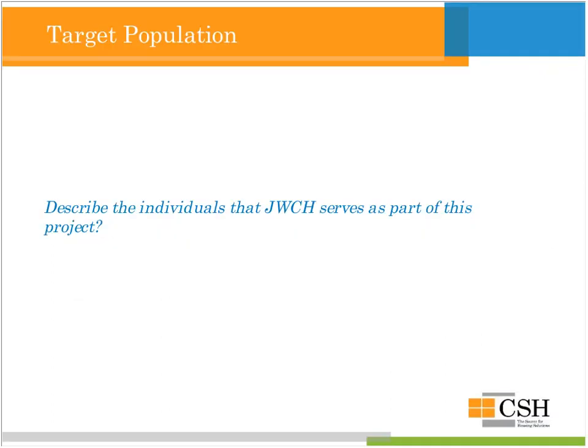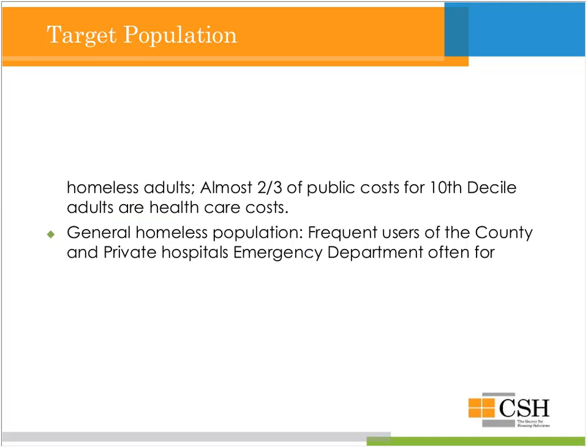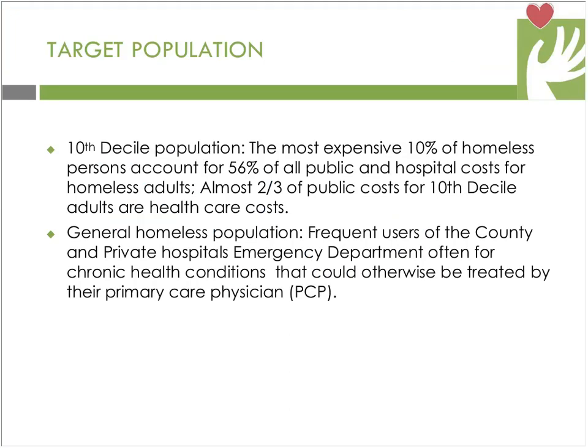That's great. Can you describe some of the individuals that JWCH serves as part of this project? Sure. So I think we've already had a pretty good description of the 10th decile population, and so certainly this is a target population for the Social Innovation Fund.